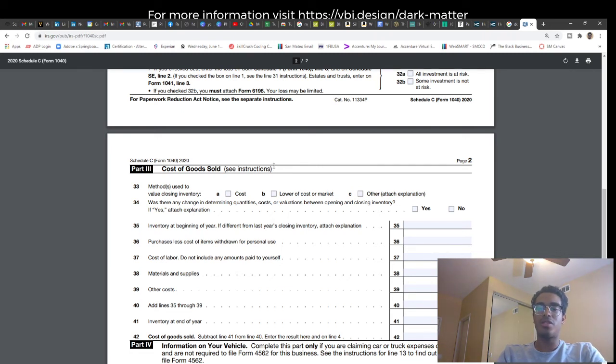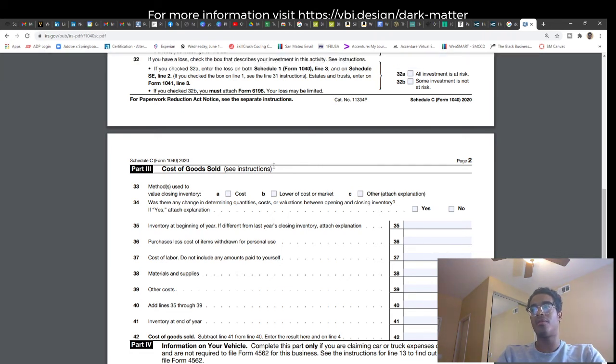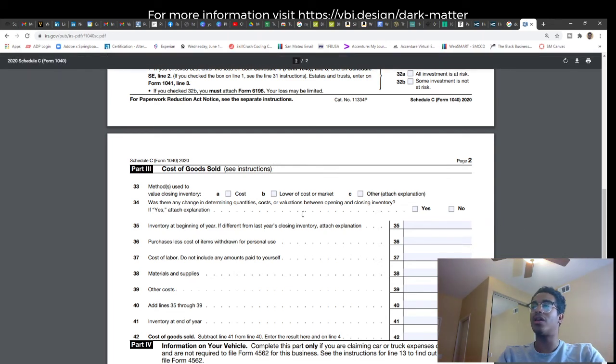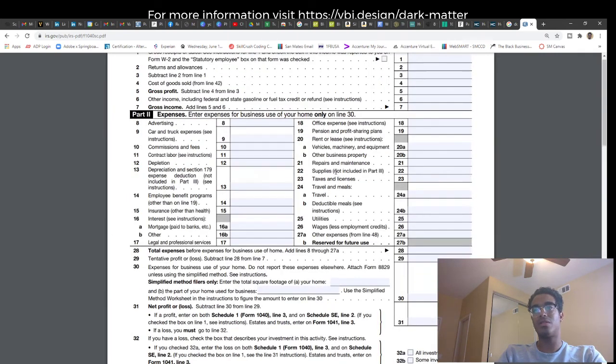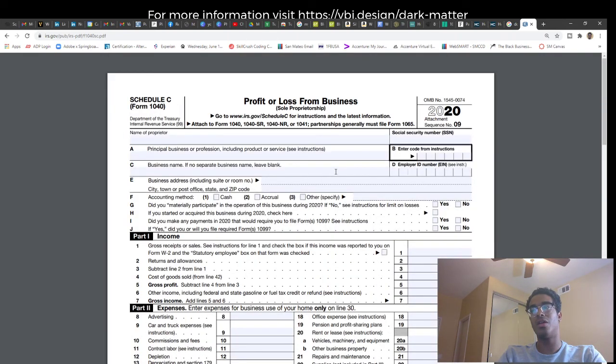Typically speaking, you want to maintain a good record of your expenses and of your income, especially when you have a business, a side business, because you can be audited up to 10 years from the point of filing. So once the IRS receives your taxes for 2020, they have about 10 years to go ahead and audit that information. So make sure that you keep that handy, you keep it on you, keep it safe.